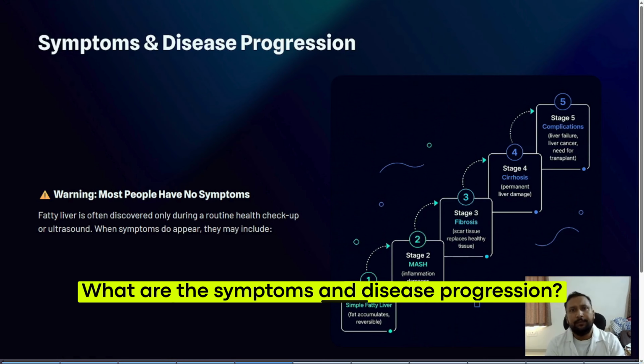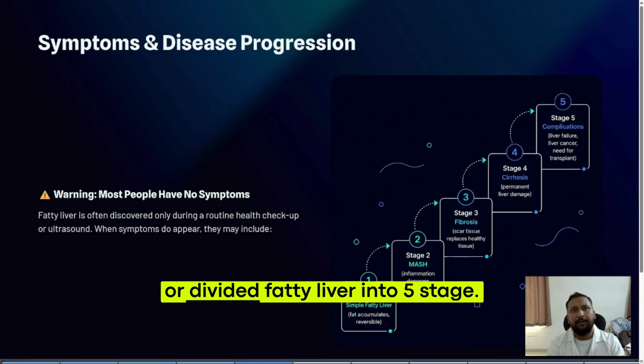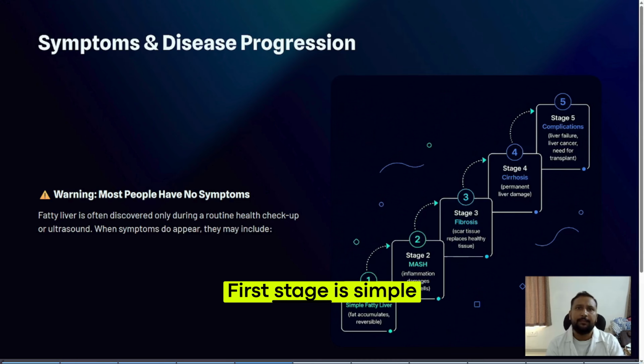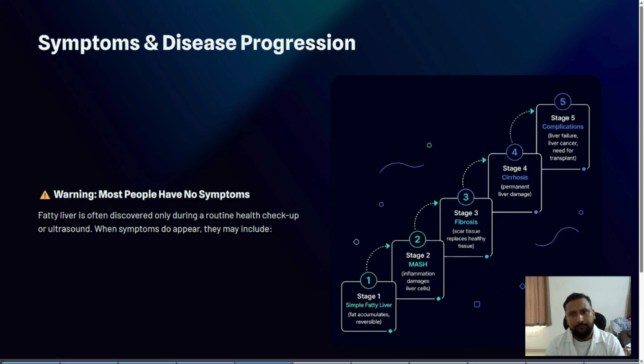What are the symptoms and disease progression? You can divide fatty liver into 5 stages. The first stage is simple fatty liver, in which fat accumulates but it can be reversible.